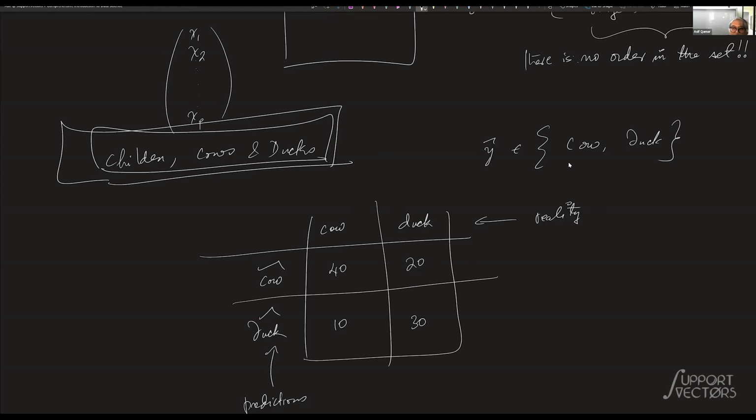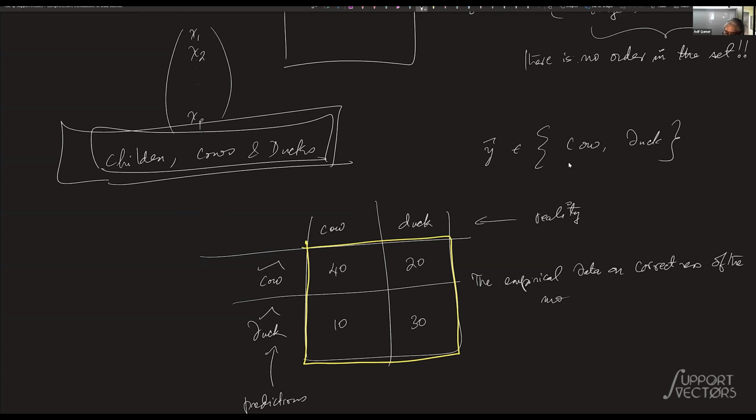This is it. So the first thing you look at is this measure of errors. We can see this is the empirical data on the correctness of the model.